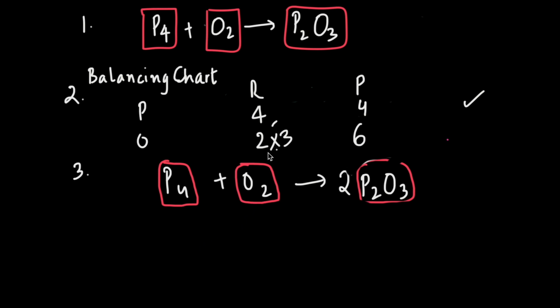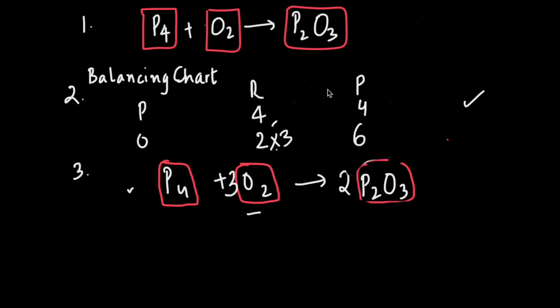So on the reactant side, we have oxygen as a single atom, and we're going to multiply it by 3 here. So we're going to have to look at all the number of atoms of elements once again to see if now our equation is balanced. So let us look at it once again. Number of atoms of phosphorus on the reactant side are 4.